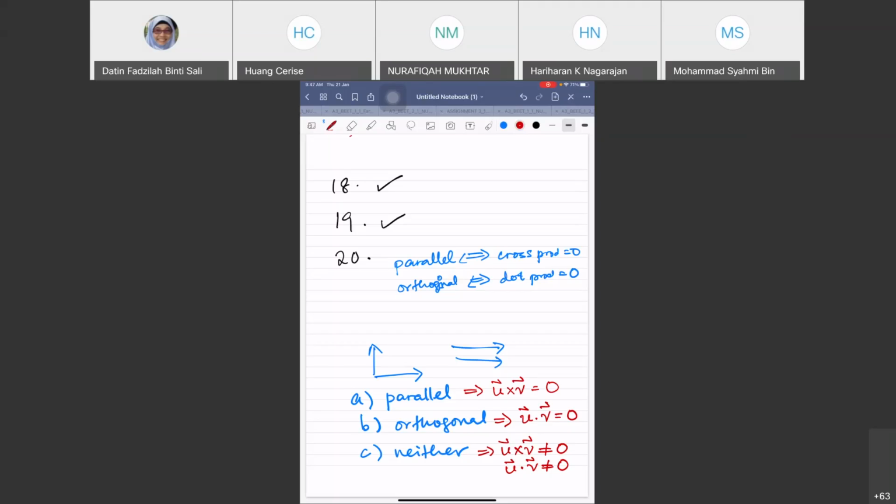If you do the dot product first and get 0, straight away you can conclude that your two vectors are orthogonal. But when you do the dot product and it is not 0, that's when you have to try the cross product. All right, so I think that's all for your vectors. And I think you are all ready for your final exam for this course, for this subject.